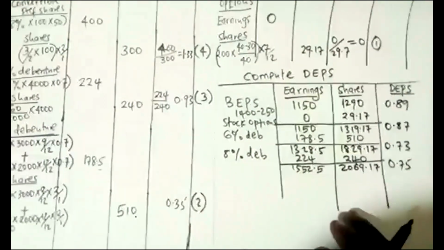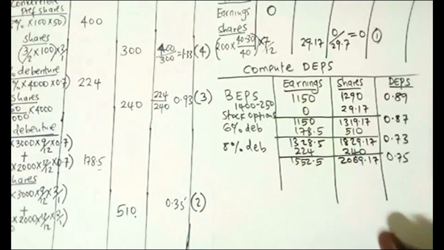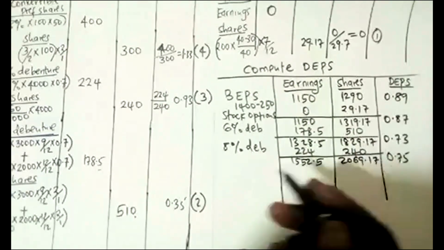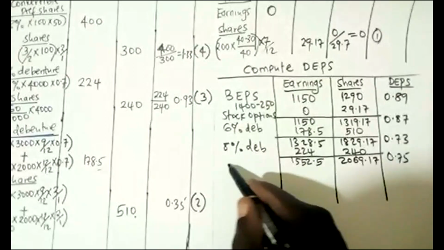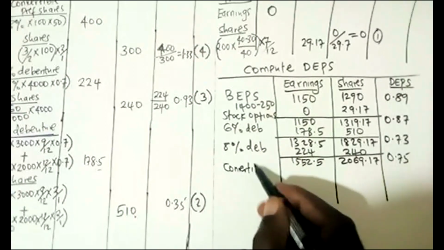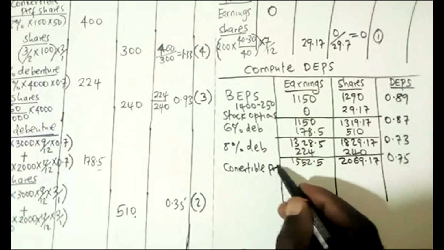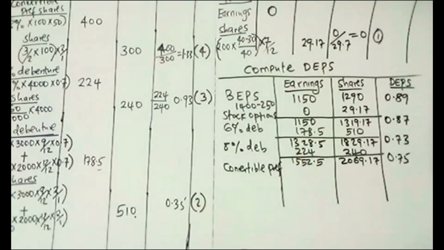Then the last one is number 4, the convertible preference. Remember, even the others were convertible. It's only that I'm not writing a lot of information. Even these and these were convertible.